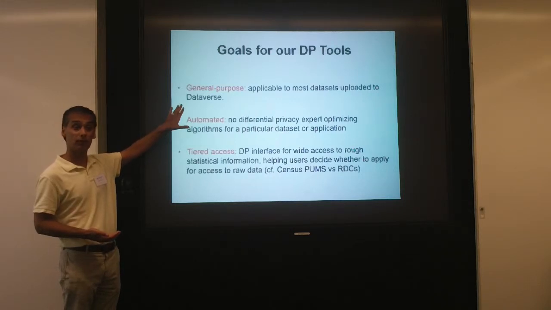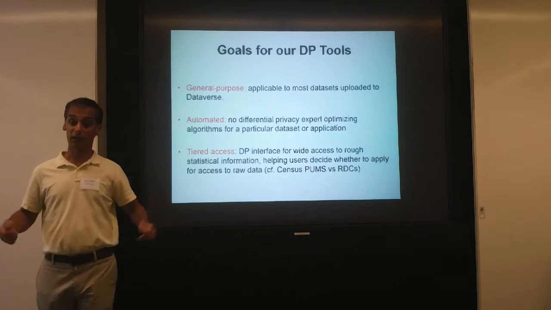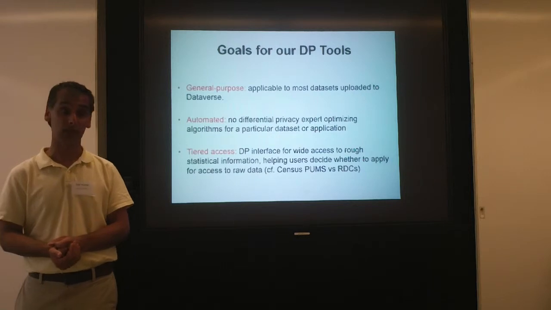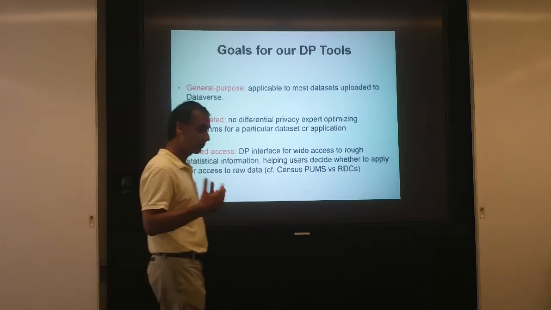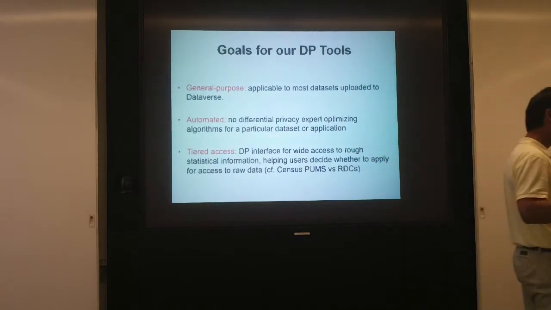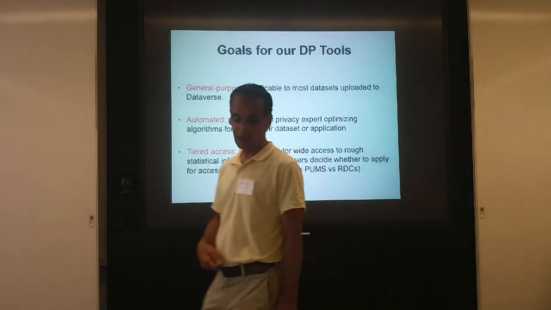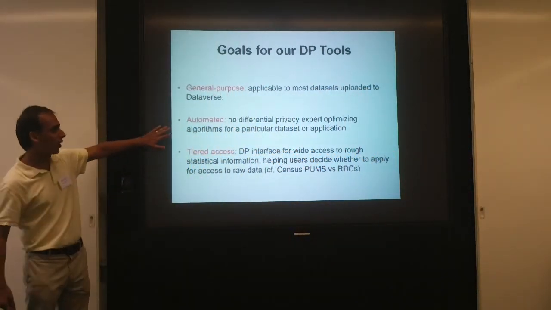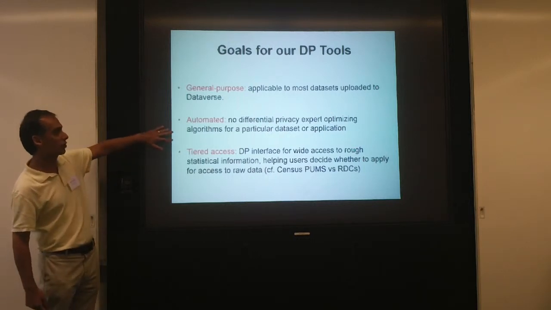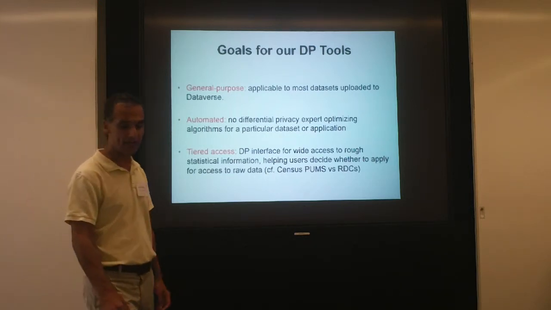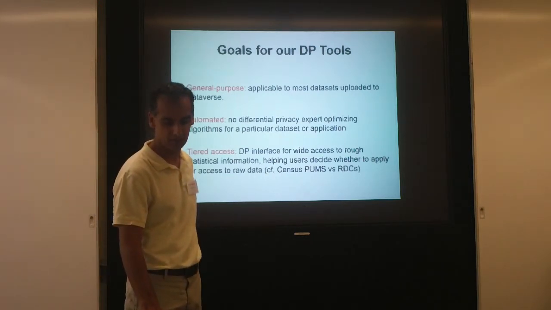You have people coming with arbitrary data sets and uploading to Dataverse, and we want to have a tool that can enable them to make differentially private access available, as opposed to differential privacy experts thinking really hard about, for this particular data set, what's the best way to do release on it, and on a case-by-case basis needing experts involved for every data set and every release. And it's related to we want it to be as automated as possible. Again, a non-expert should be able to use the tool. And then I mentioned we're taking this tiered access approach, which is also different from the other efforts.